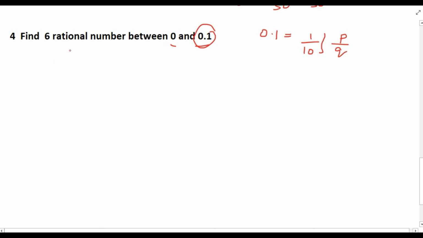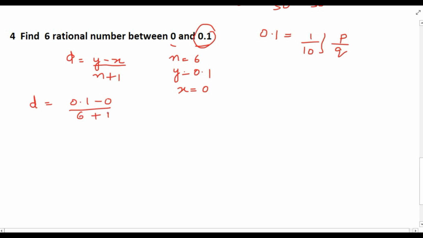So we can use the formula d equals y minus x divided by n plus 1, and n is 6, y is the bigger number 0.1, and x is 0. Let us find d now: d equals 0.1 minus 0 divided by 6 plus 1, which is equal to 0.1 divided by 7.